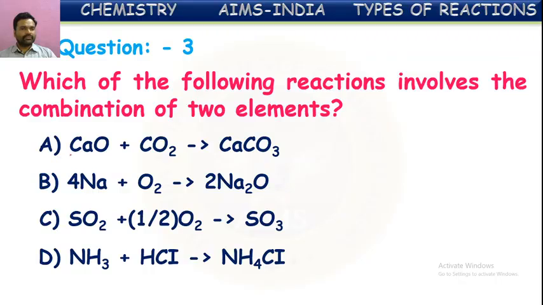First one, calcium oxide combining with carbon dioxide to form calcium carbonate. Second reaction, sodium combining with oxygen to form sodium oxide. Third reaction, sulfur dioxide reacting with oxygen to form sulfur trioxide. Last one, ammonia combining with hydrogen chloride to give ammonium chloride.